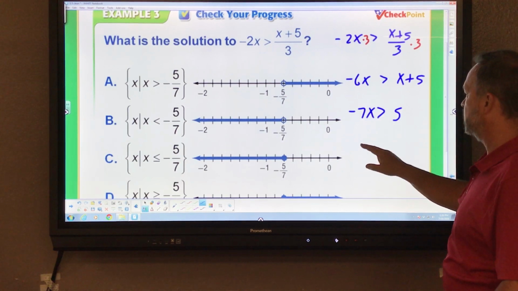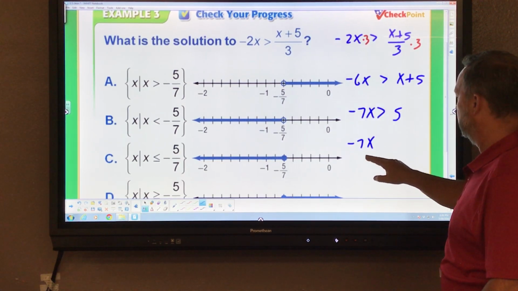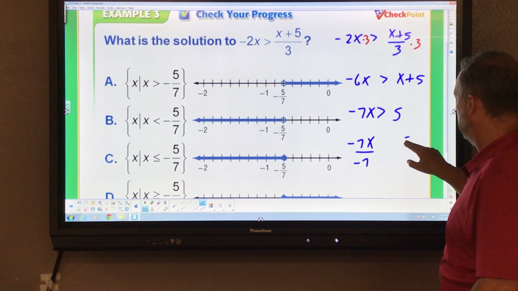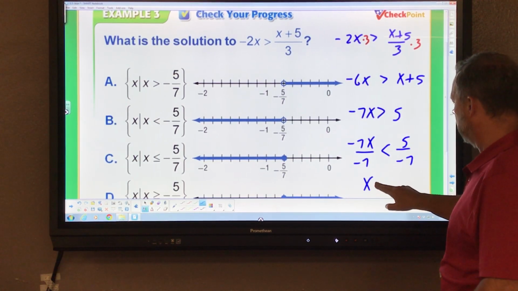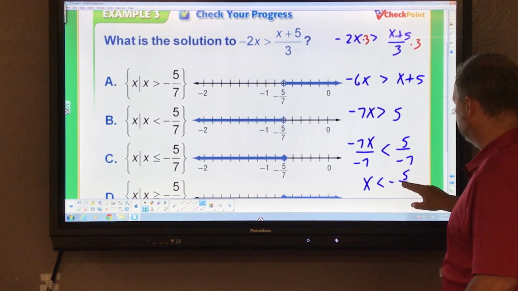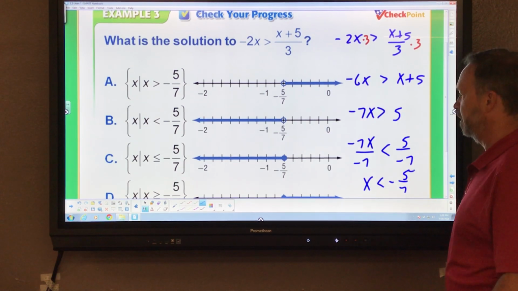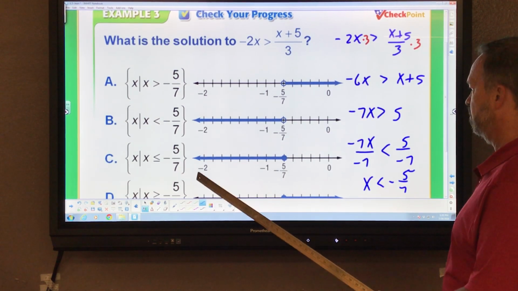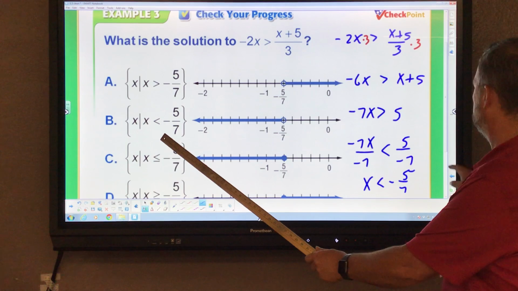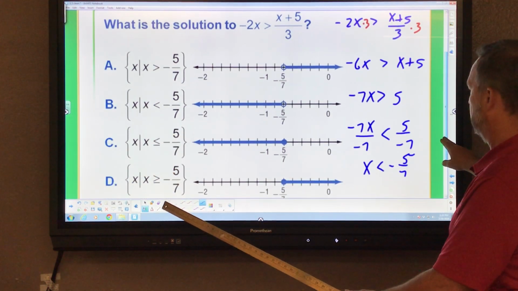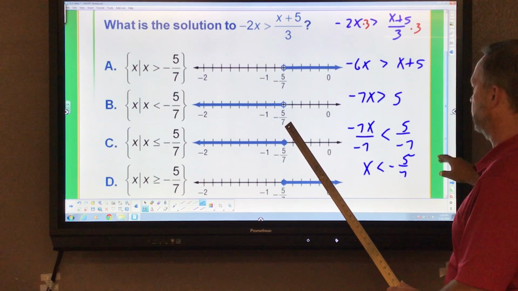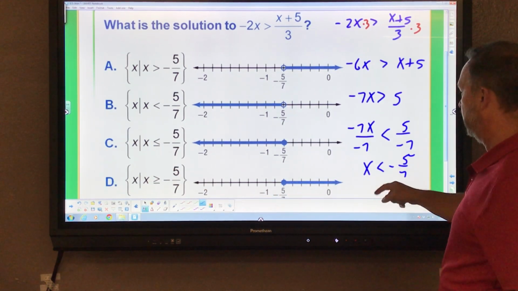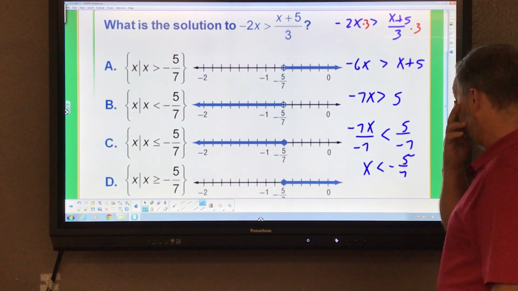And then I divide both sides by negative 7, which makes me have to change my sign, so x is less than negative 5/7. And it's graphed correctly because you got the negative 5/7 shaded in the left hand direction. So B is our answer.